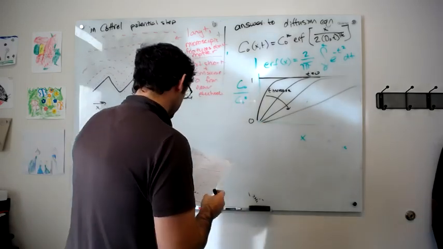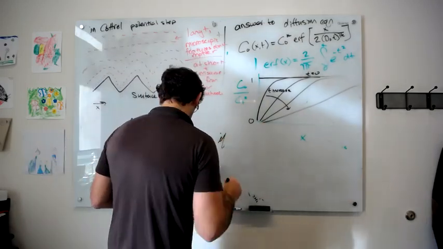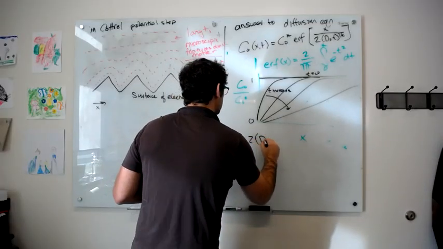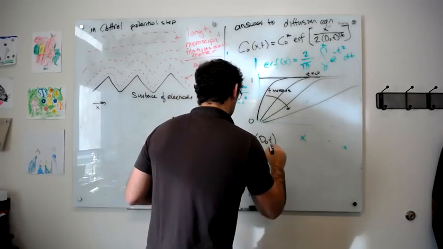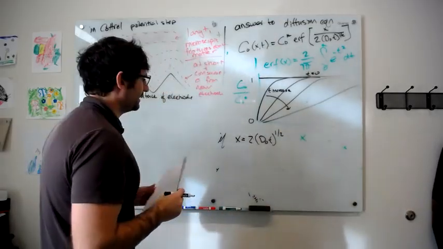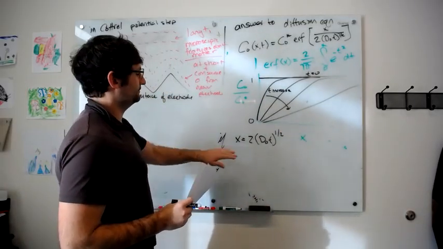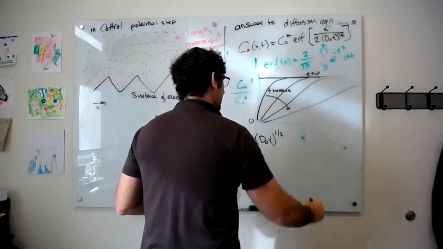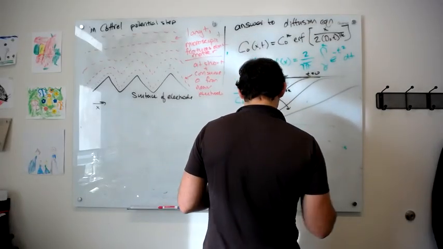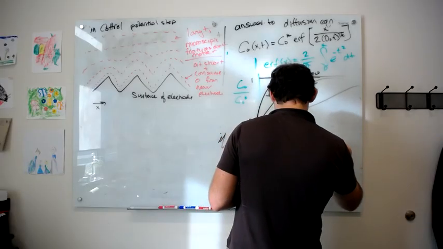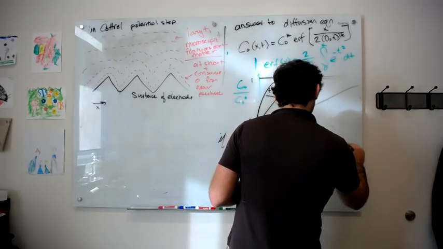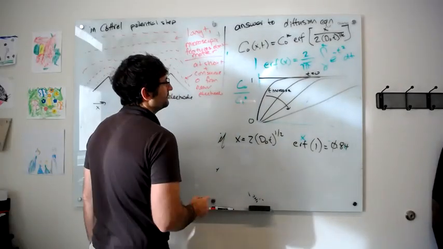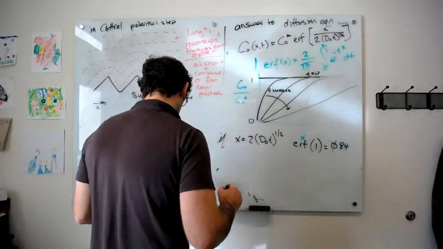If you look at x equals 2 (D_O t) to the 1/2, so if x equals this value, then we have the error function of 1, and that equals 0.84.